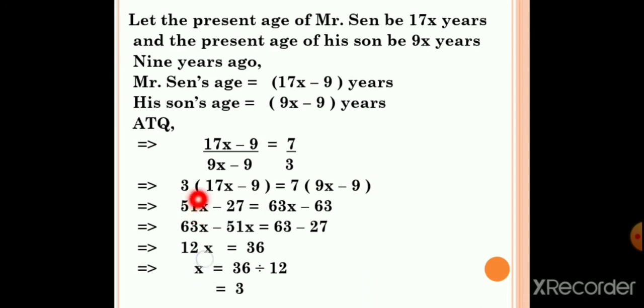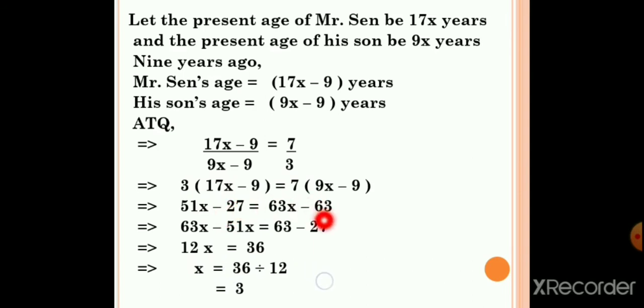So 17 3s are 51x minus 3 9s are 27, equal to 7 into 9x, that is 63x, minus 7 9s are 63. So bring all the x terms to one side. So 63x, bring this 51x to the other side, so it will become minus 51x. Minus 27 will remain this side.